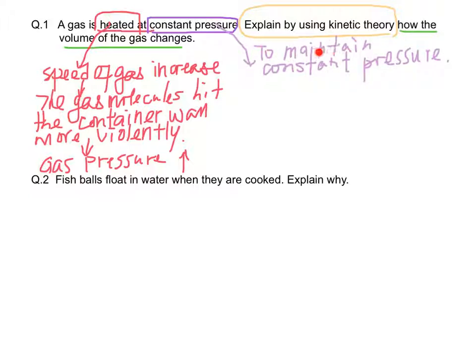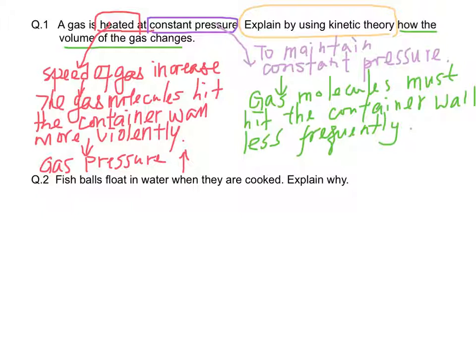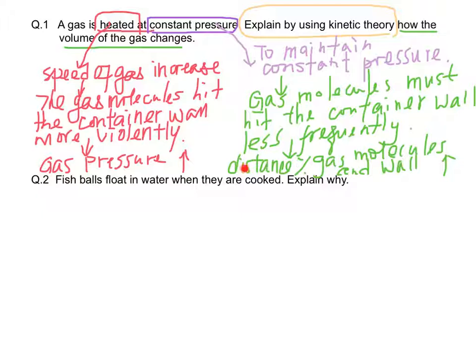To maintain constant pressure, the gas molecules must hit the container wall less frequently. Therefore, the distance between the gas molecules and the wall must increase, which means that the volume of the gas must increase.